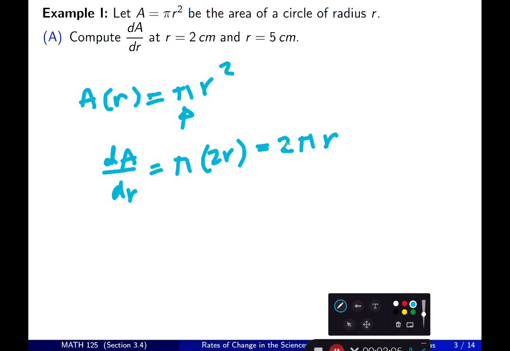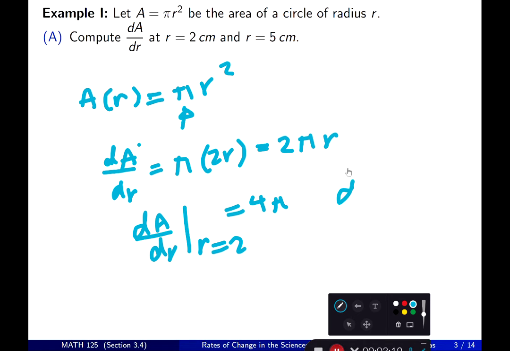Now you plug in 2 centimeters: if I plug r equals 2 into dA dr, I get 4 pi. Then if I plug in r equals 5, I get 10 pi.